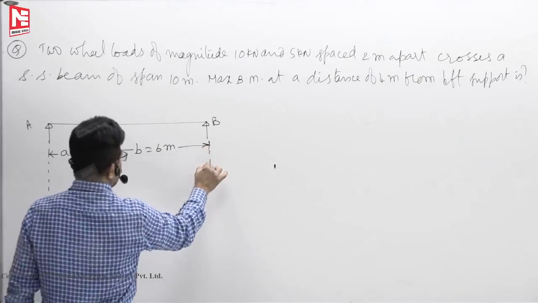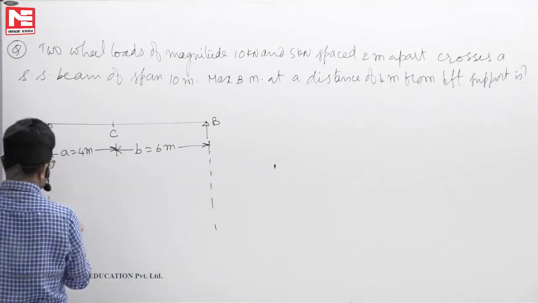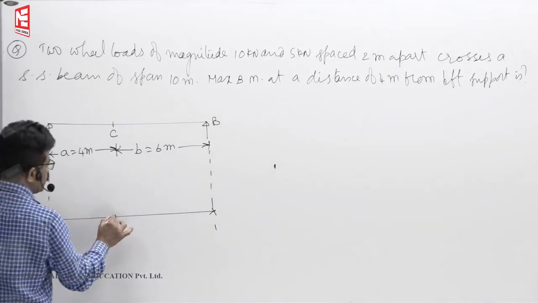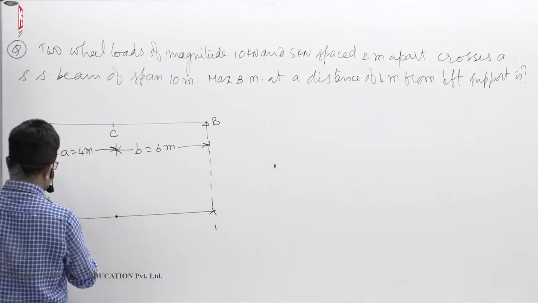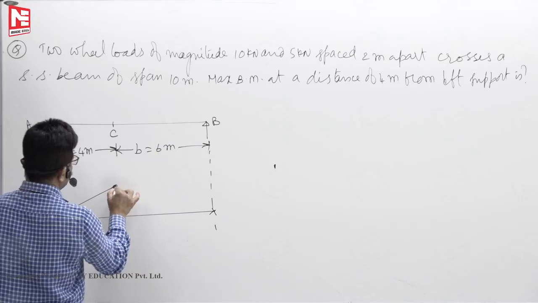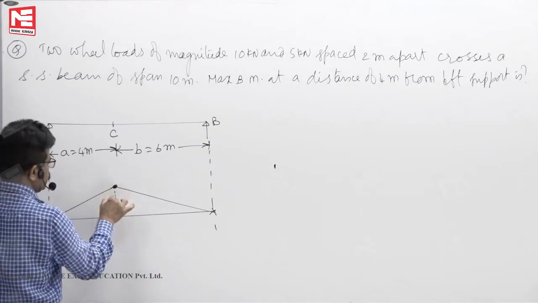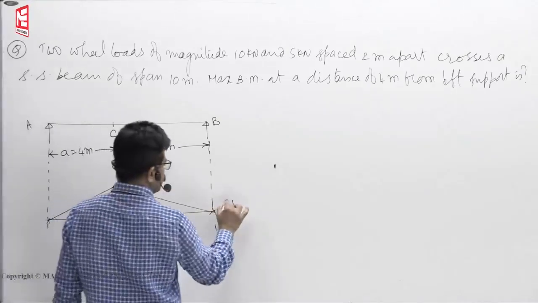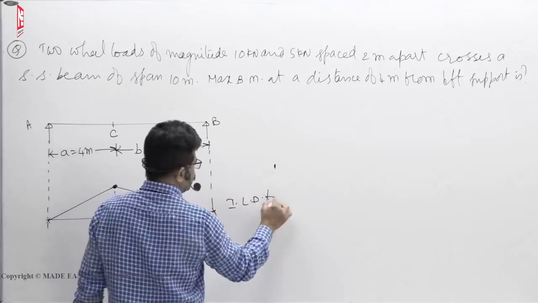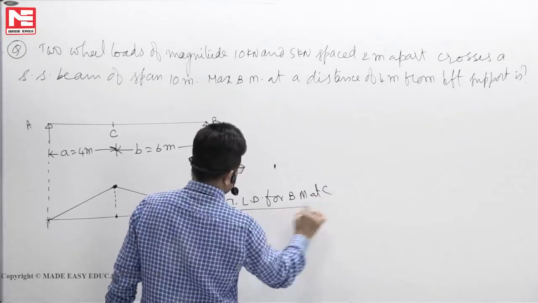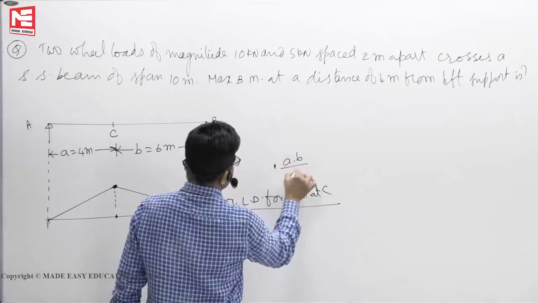Now we know how to draw ILD for bending moment at C. Without removing the supports at A and B, assume an imaginary hinge here and lift it by an amount of AB by L. This height is AB by L. This is your ILD for bending moment at C. AB by L means how much?